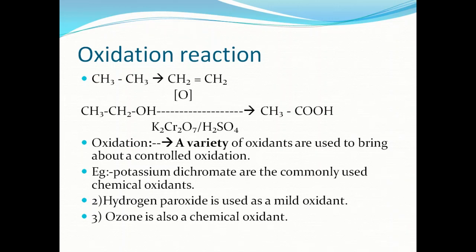Our book, use your brain. First question, which oxidant is used for purification of drinking water? Ozone is the oxidant used for purification of drinking water. So it is a chemical oxidant.